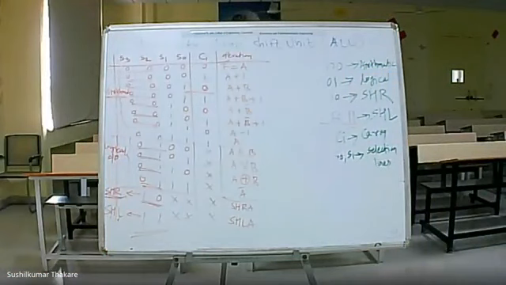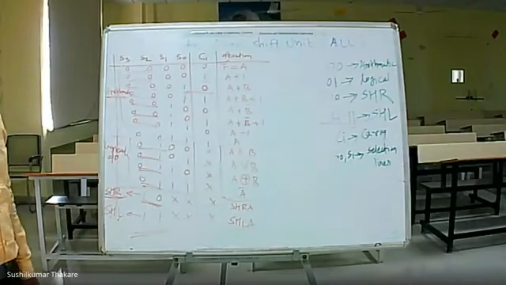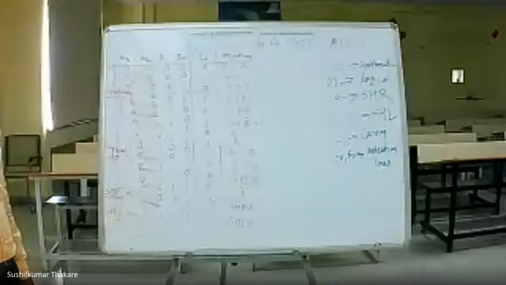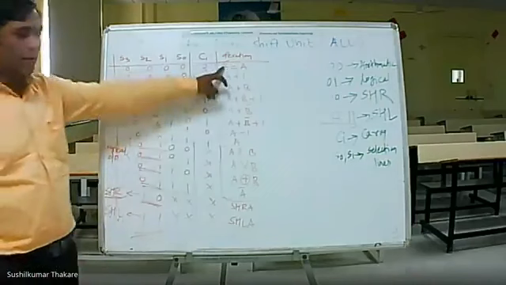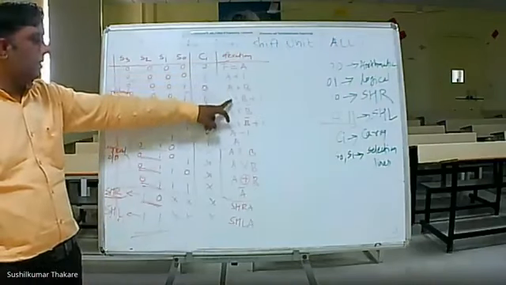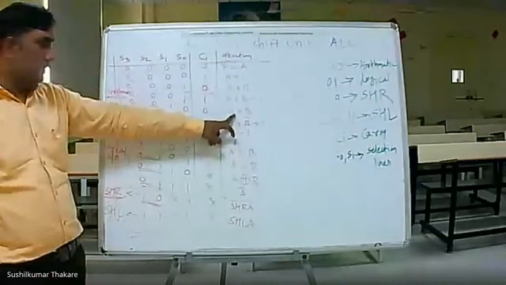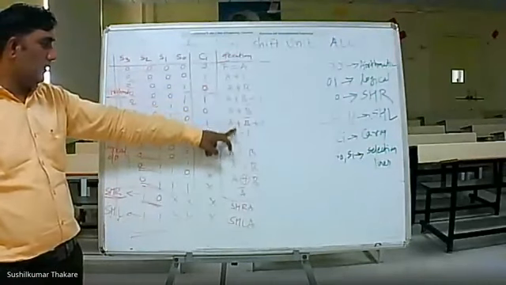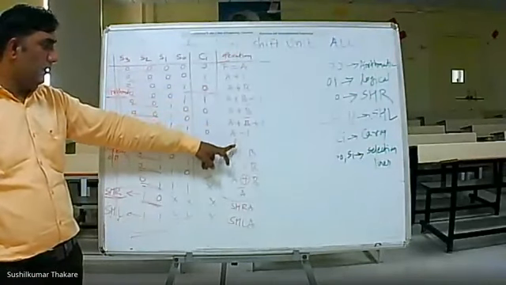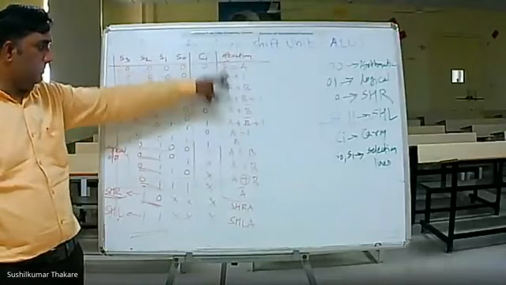Already this type of truth table and all these things are available in the PPT. F is equal to A plus 1, A plus B plus 1, A plus B bar, A plus B bar plus 1, A minus 1, A. That is the arithmetic operation.